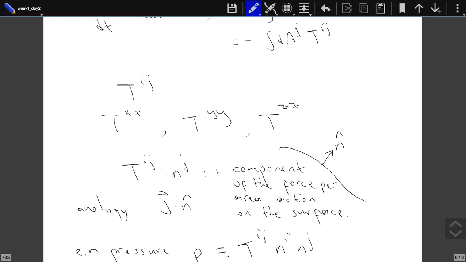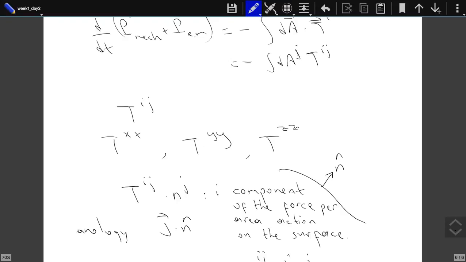Well, let's try to reinterpret it. What is Tij? We said that Tij is the flow of momentum in the j direction, the i component of momentum. So what is force? If you just take some region of space, the force acting on this region of space will be the rate of change of momentum of this space. Okay? So if you take Tij, multiply it with the surface area, so that is because the momentum should be flowing inside, multiply with nj.